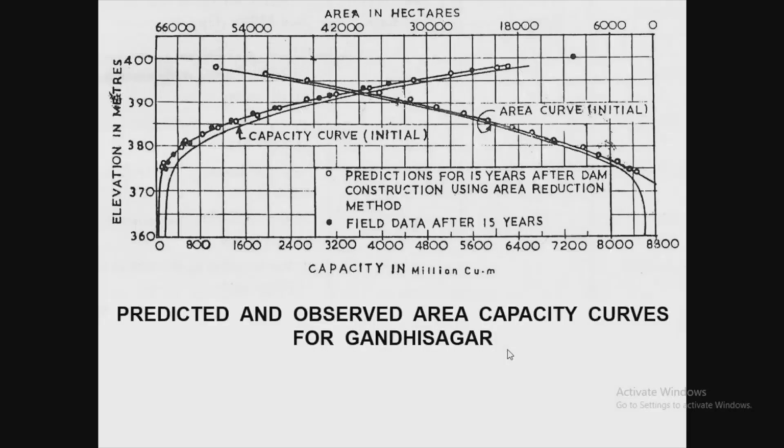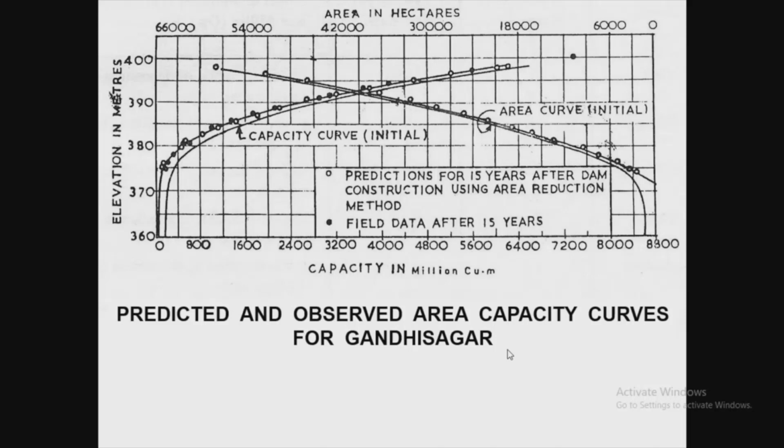And I forgot to tell you that whenever capacity is generated, we develop an area capacity curve. That area capacity curve is nothing but, at each elevation, what is the water spread area, and at each elevation below that, how much is the capacity. That graph is always kept with the government, which is the custodian of that dam or reservoir.